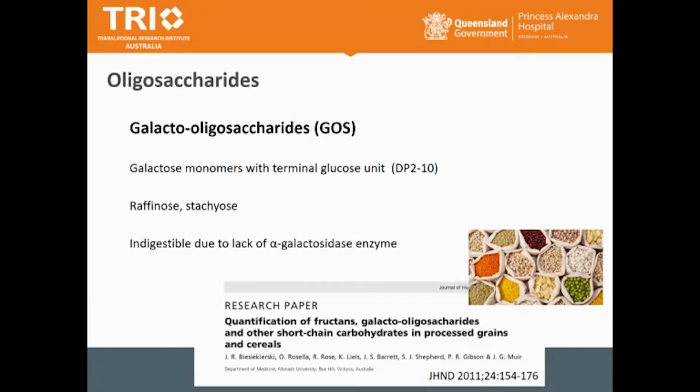There are some nice publications presenting the composition data for foods for fructans and galacto-oligosaccharides that have come out from Monash University a few years ago now. Galacto-oligosaccharides are generally found in pulses, so legumes, lentils, baked beans, chickpeas, etc. Again, sorry, this hasn't come through very well, but galacto-oligosaccharides are prebiotic, so keep that in the back of your mind when we talk about the impact of the low FODMAP diet on the microbiota.